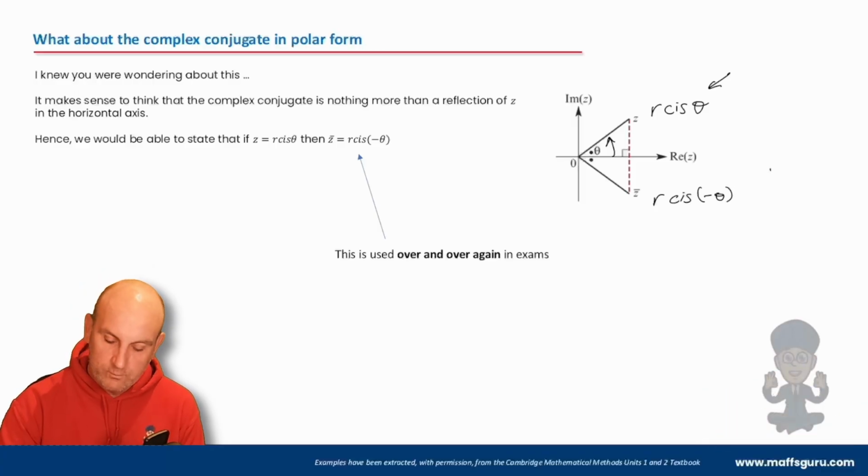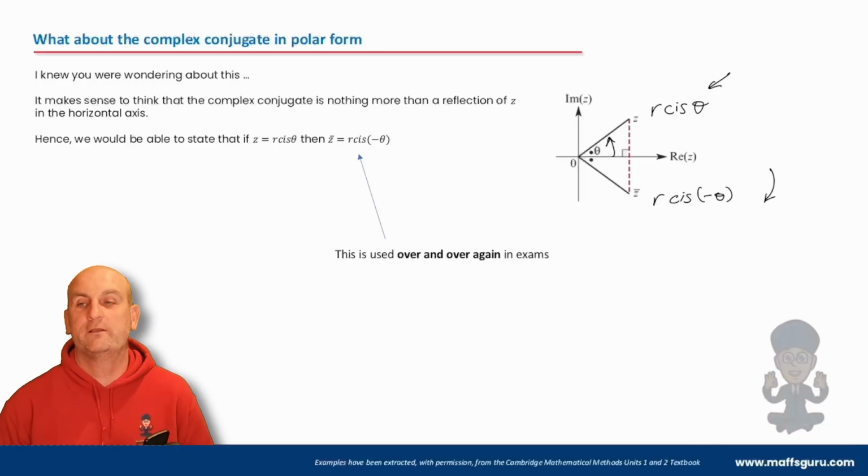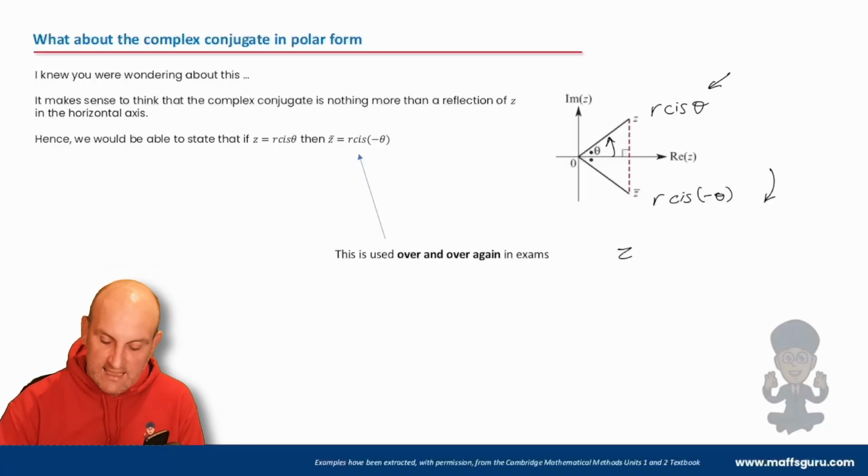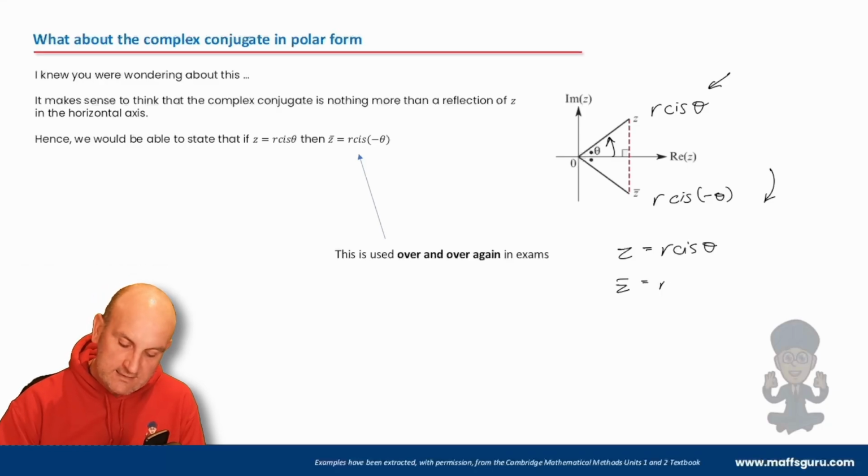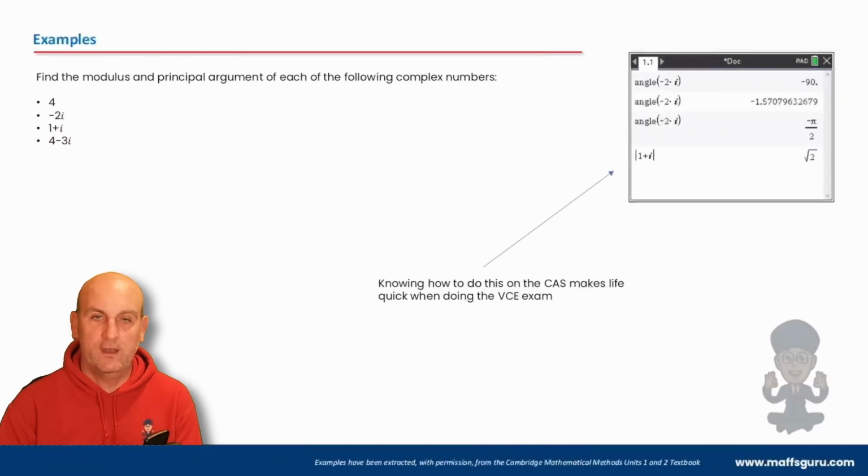Because if we're moving around in a clockwise direction, that would have to be minus theta. And again, the idea that if z is equal to r cis theta, the complex conjugate of that is r cis minus theta is used over and over again.